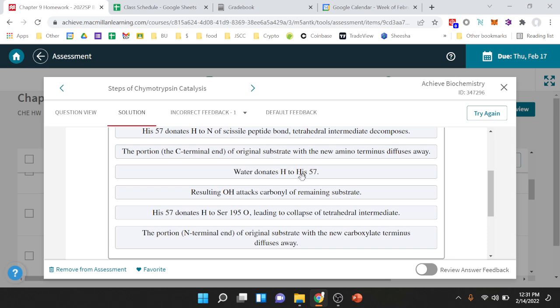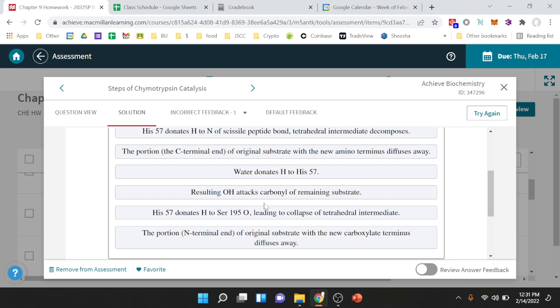So water donates H to His 57. Resulting OH attacks carbonyl of remaining substrate. Well, you've made an OH now, haven't you? See that? And so, the resulting OH attacks carbonyl of remaining substrate. That makes sense, doesn't it? That fits there. So it's kind of like a puzzle at that point. Or you could have had this memorized, in which case it's not a puzzle at all because you know.